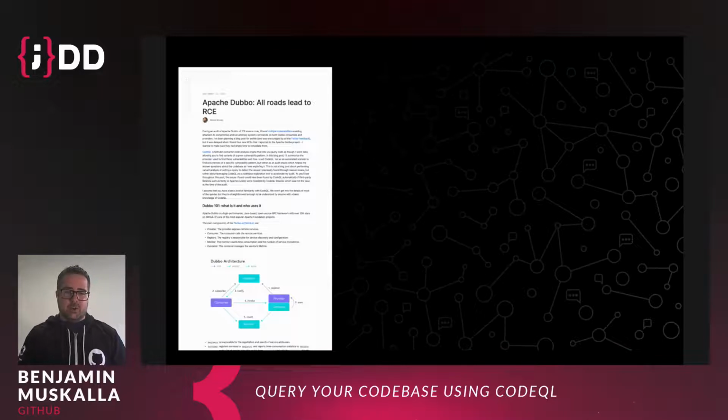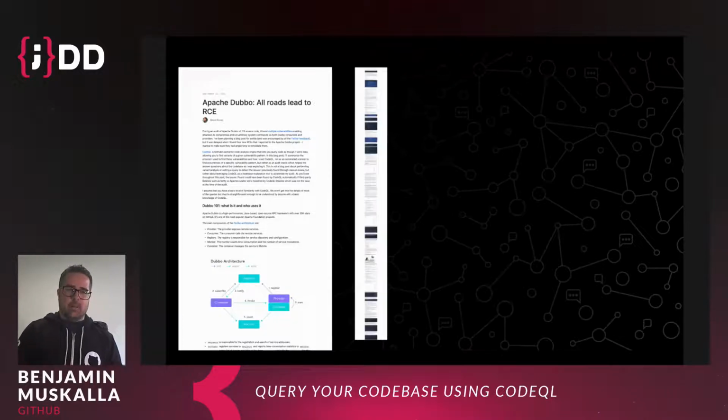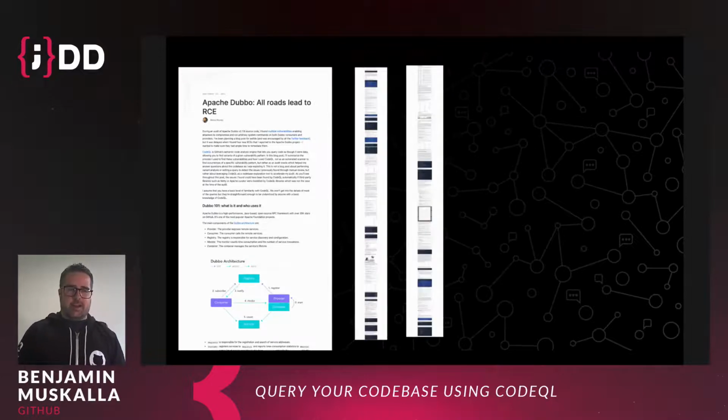And so in his blog post, he went through the journey. I can highly recommend reading that. He went through the journey of how he looked at the overall architecture of Apache Dubbo and went into the nitty-gritty details. And it's actually funny, because I tried to screenshot the post and it ended up being a lot longer than I expected.